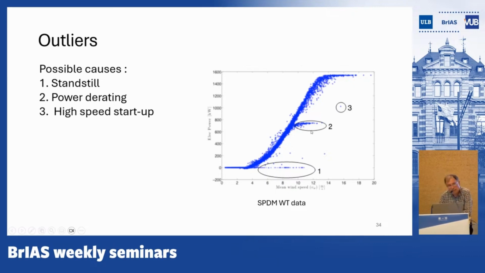That means that the grid cannot accept all the power available in the wind, and so the wind turbine is derated. And you have points like 3, which corresponds to high-speed startup. So these operating conditions are different from normal operation, and we should discard them to have a monitoring system that covers most of the operating cases.